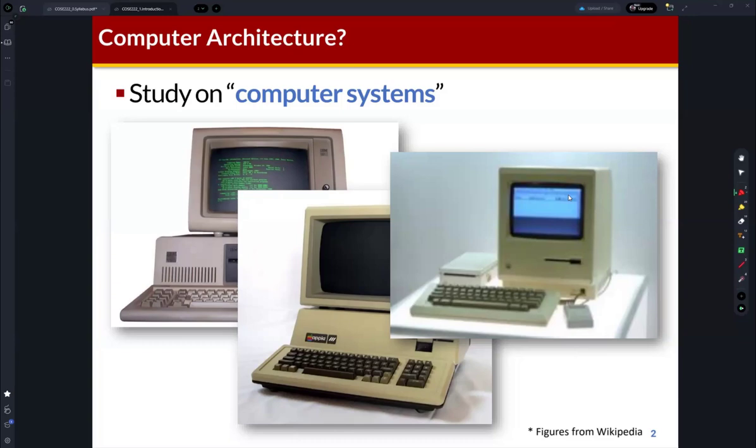In these old computers, you can find monitors, keyboards, and a mouse. So for the typical figure of a computer, you can think that a computer includes a display, a keyboard because we need to type letters, and some large boxes.